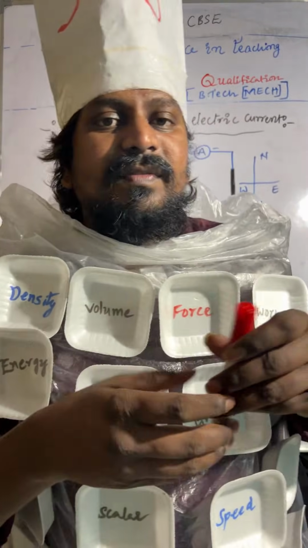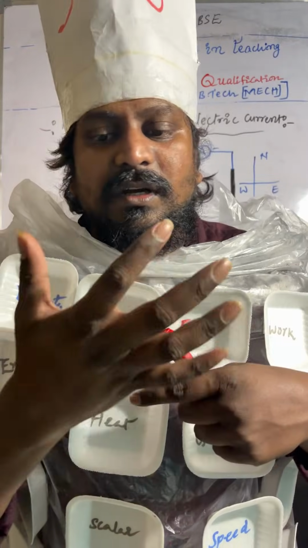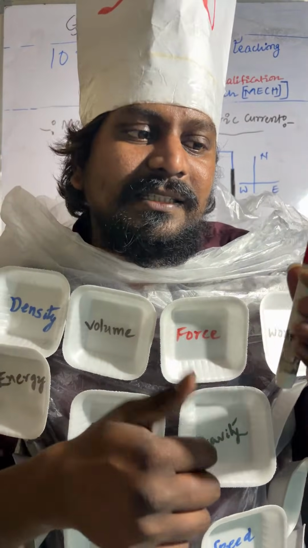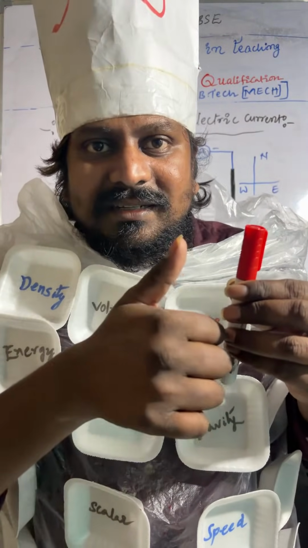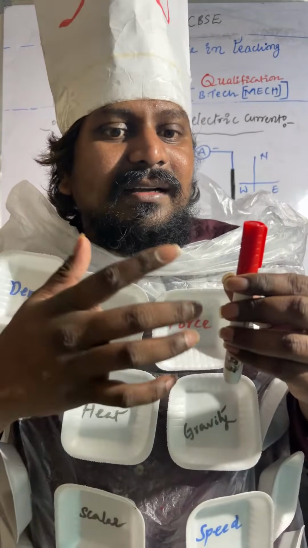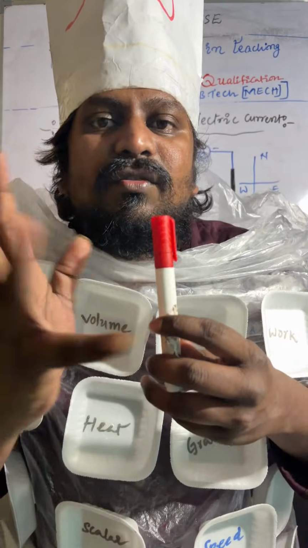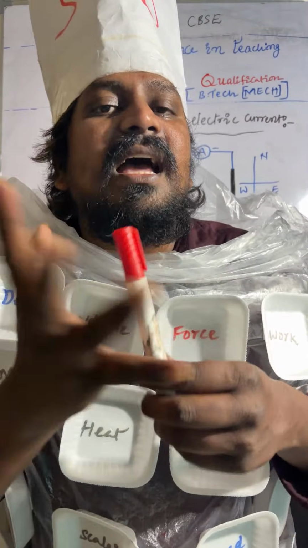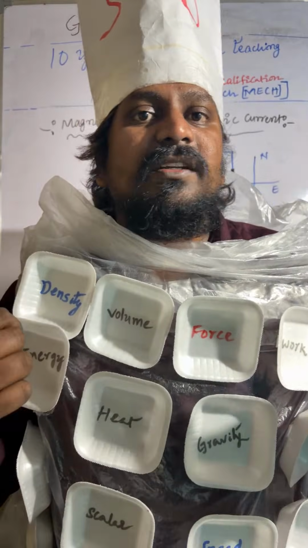Okay, so if the current is moving in the upward direction, this is the right hand thumb. You have to place the thumb along the current carrying conductor, and the curly fingers, folding fingers, wrapping fingers show the magnetic field direction. Understood or not?